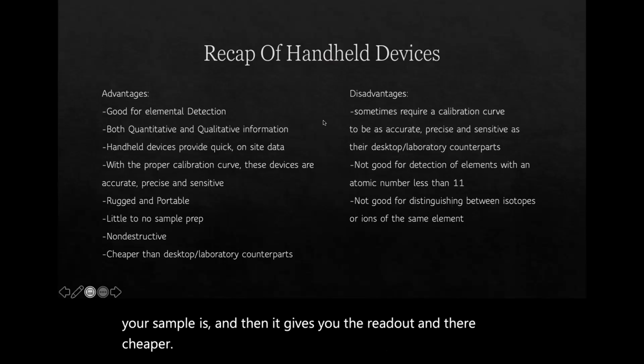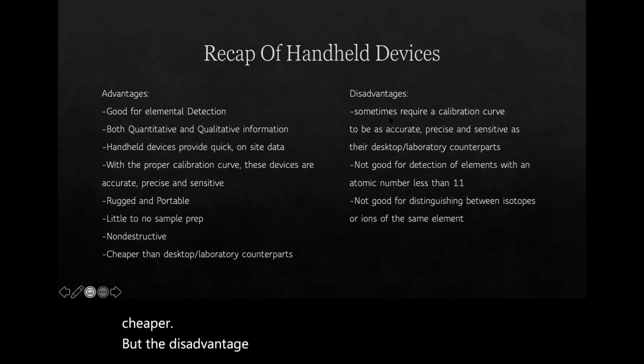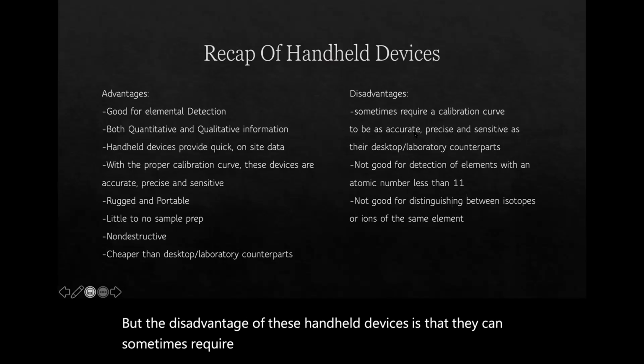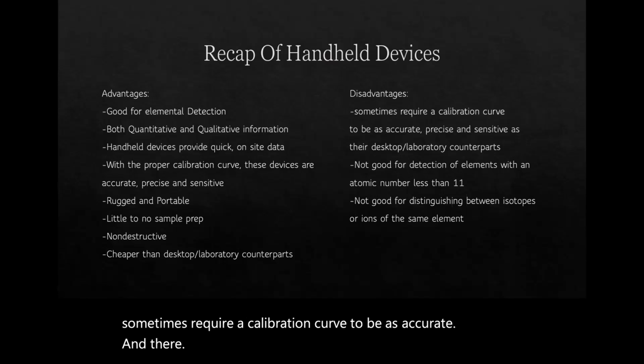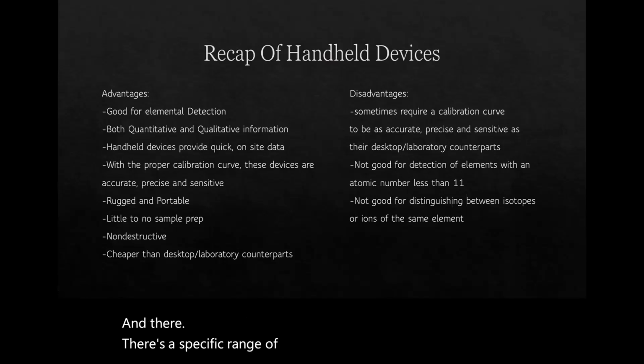But the disadvantage of these handheld devices is that they can sometimes require a calibration curve to be as accurate. And there's a specific range of elements that these devices are good at detecting.